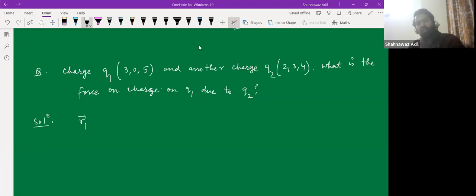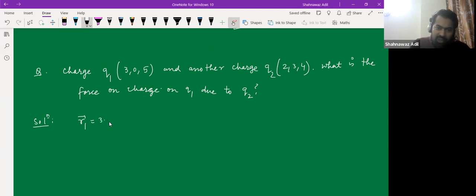How do we write the position vector? If the coordinates are given, how can we write the position vector? Let me think a bit.